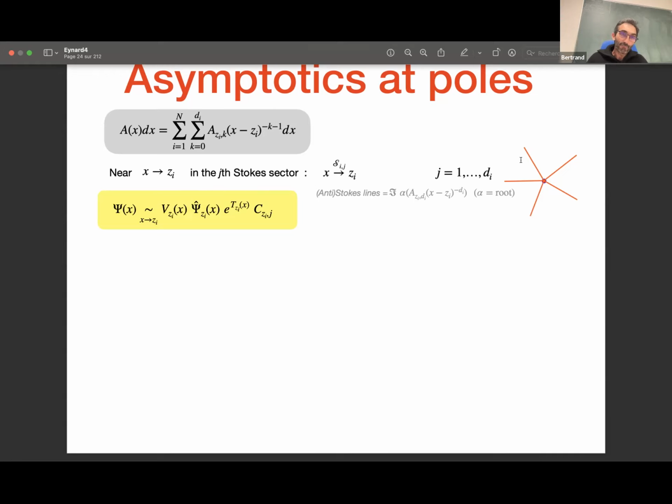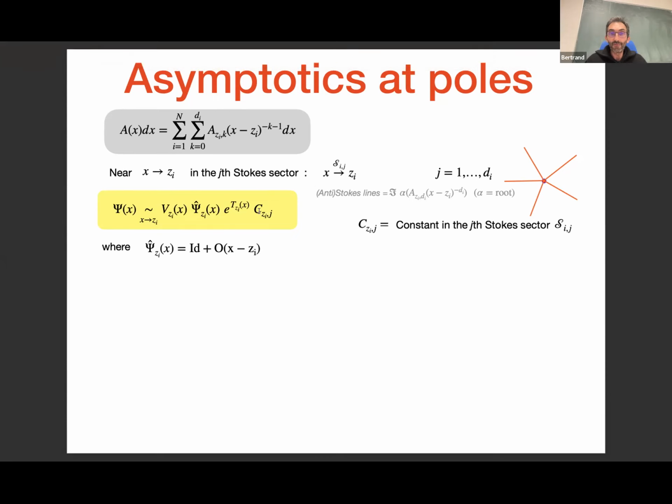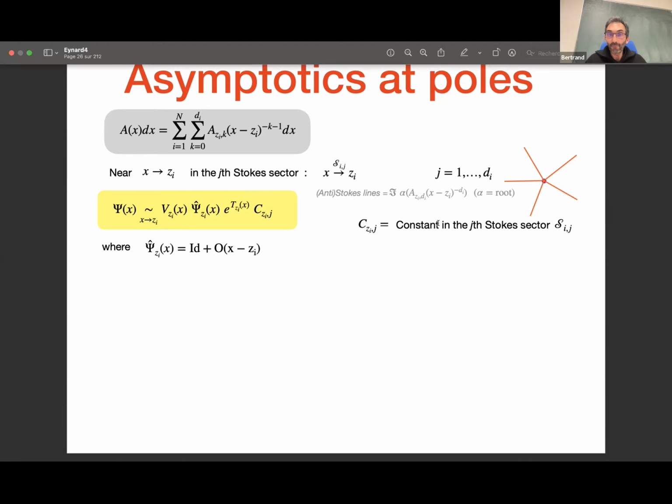In fact, I've probably mostly learned it from John, by the way. So the asymptotics in different sectors look like that, and let me explain the various terms. First, the term psi hat is the term that behaves like identity plus analytic at Zi. The constant C on the right is piecewise constant in each Stokes sector.